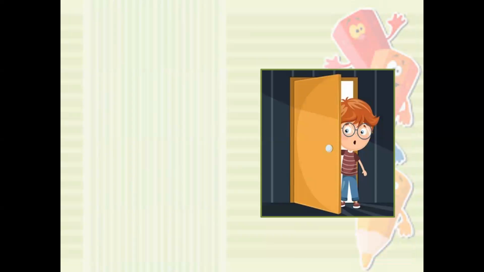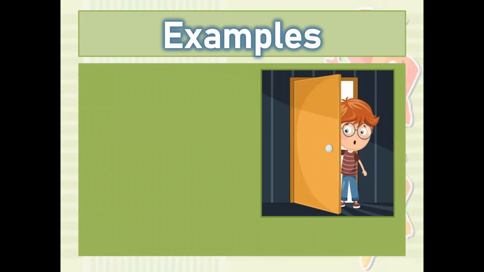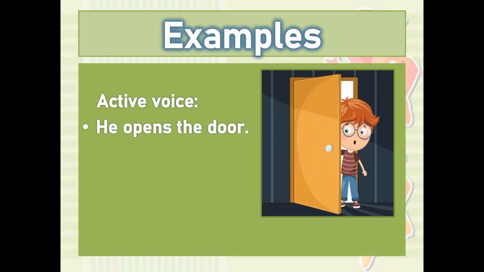Now, let's see a few more examples with active and passive voice sentences. Here comes the first sentence in active voice. He opens the door. He, the subject, is first, opens, the verb, is there, and then door, the object, right?